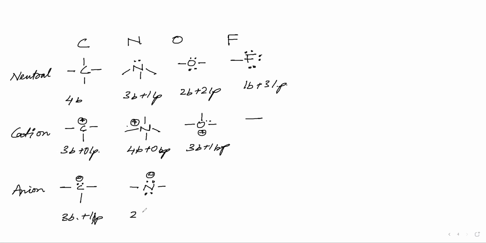If oxygen wants to have it, it will have 1 bond and 3 lone pairs. And now nothing for fluorine. Can you remember this? Don't note this down yet. First, let us complete this one.